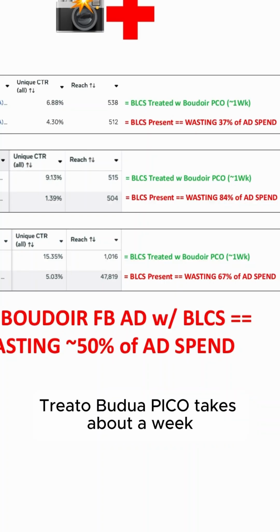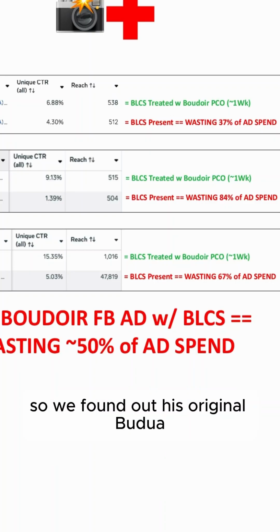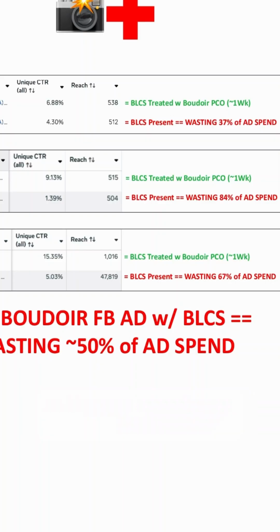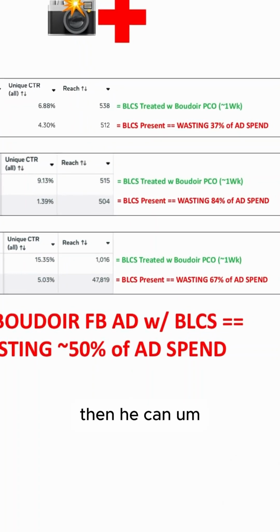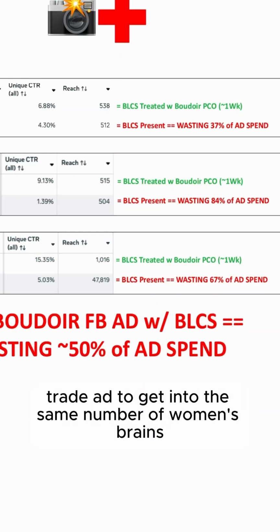Treated with Boudoir Pico, takes about a week, got the unique CTR up to 15.35%. So we found out his original Boudoir Facebook ad was wasting 67% of ad spend. So if he's spending 10 grand a month on the original Boudoir Facebook ad, he only needs to spend $3,300 a month on the Boudoir Pico ad to get into the same number of women's brains.